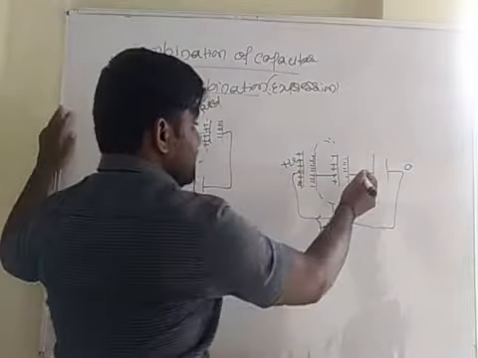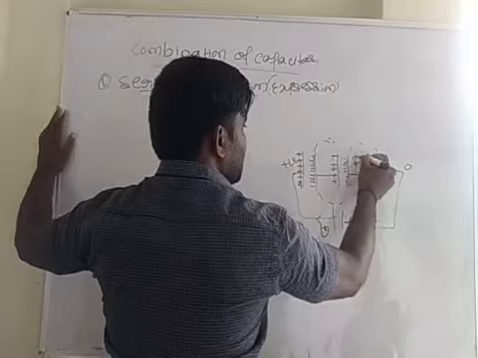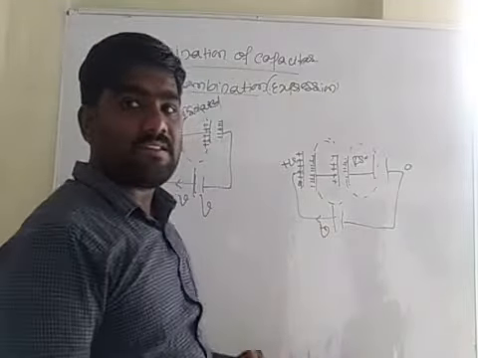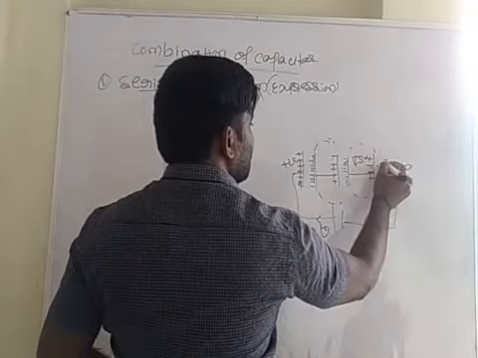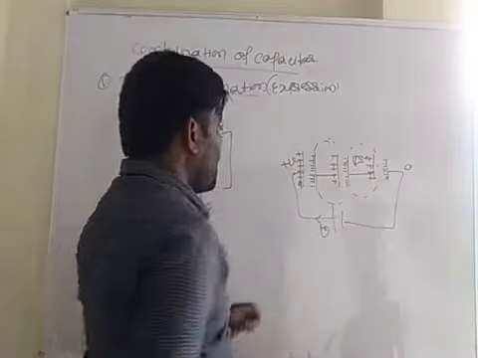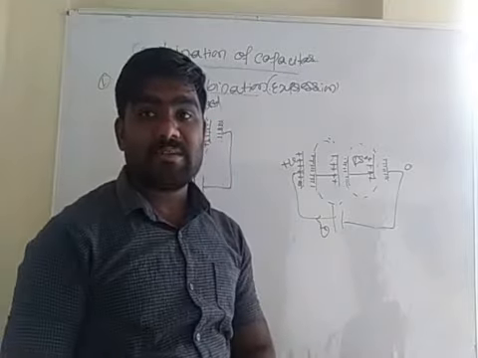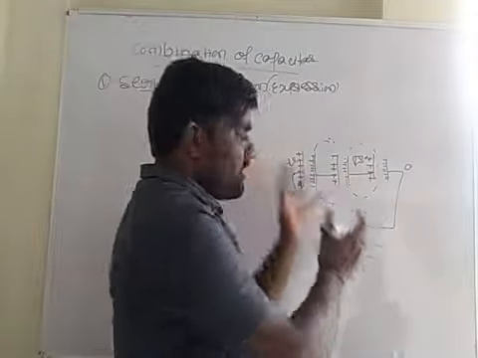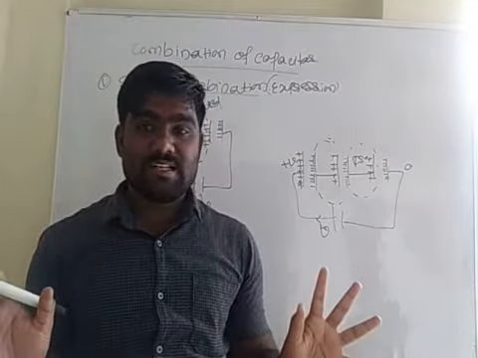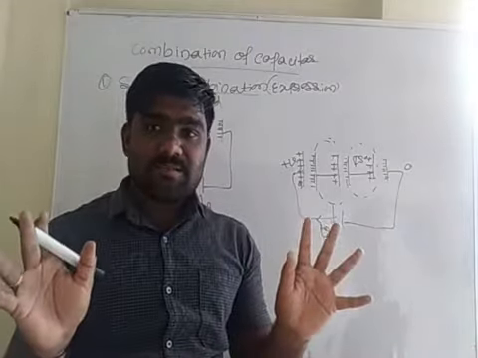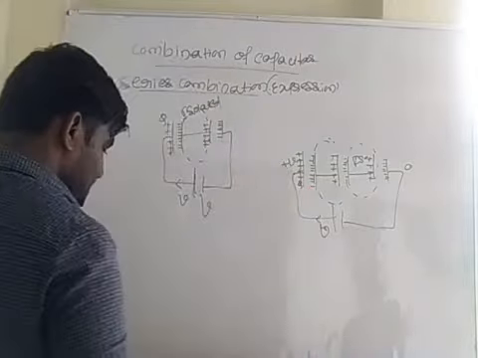Similarly, come to this point. It will be an isolated point. Isolated point means plus and negative are equal. Here positive, here again negative. That much of the positive charge, that much of the negative charge will be there. From this we conclude, charges must be constant, means charges must be the same in series capacitors.